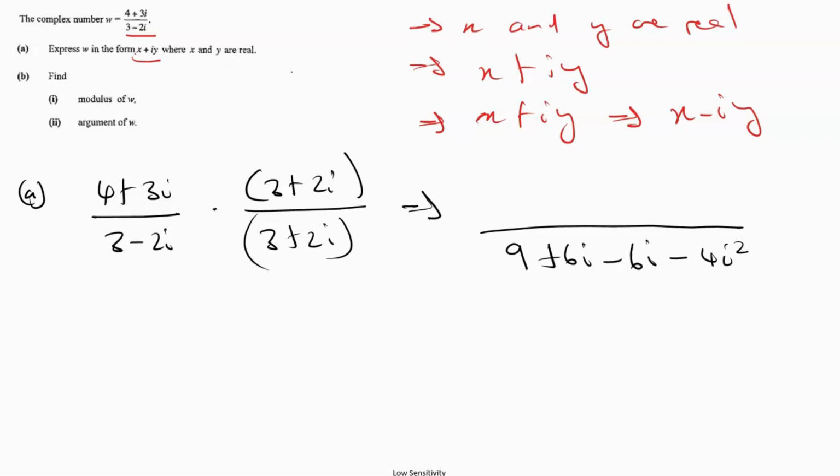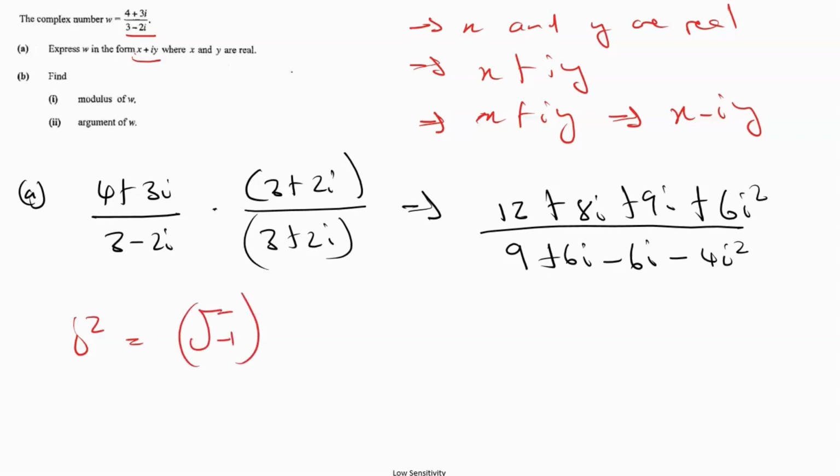And we can solve the numerator as well. This is going to be 12, 4 times 3, plus 8i plus 9i, plus 6i squared. But we know that i squared is negative 1, so we're going to use this concept.